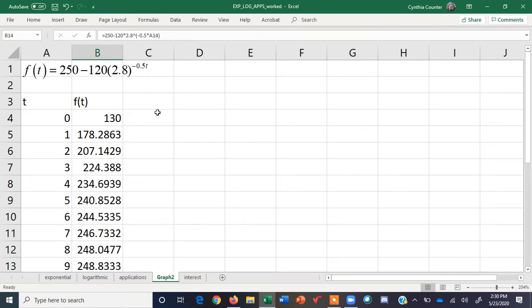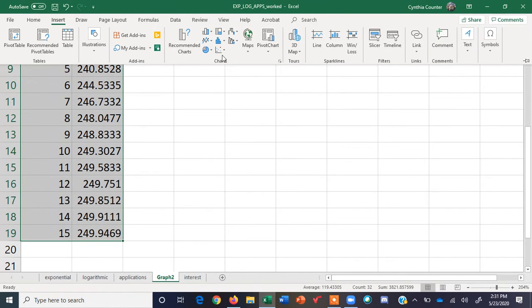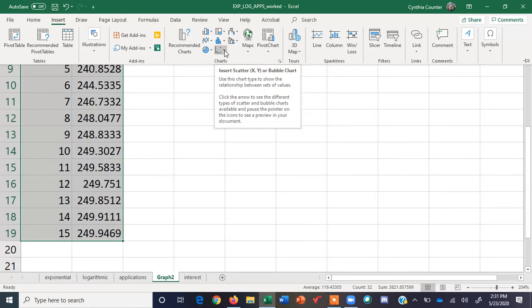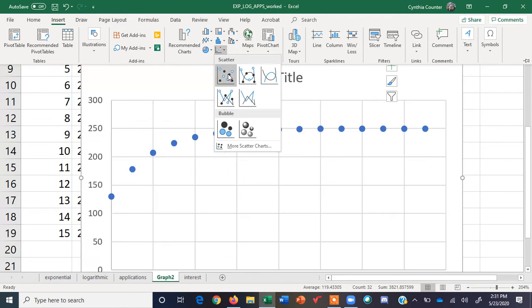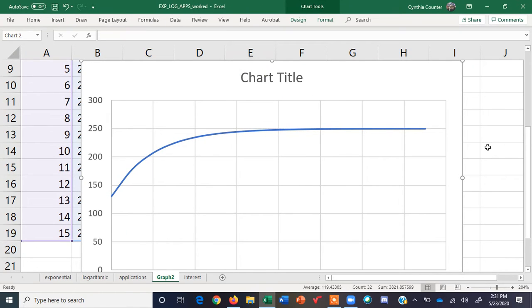So to graph this now, I am going to highlight all the data. I go to Insert, and I'm actually going to the scatter plot graph, but instead of graphing points, I'm going to have them connected by a curve. And here we go.